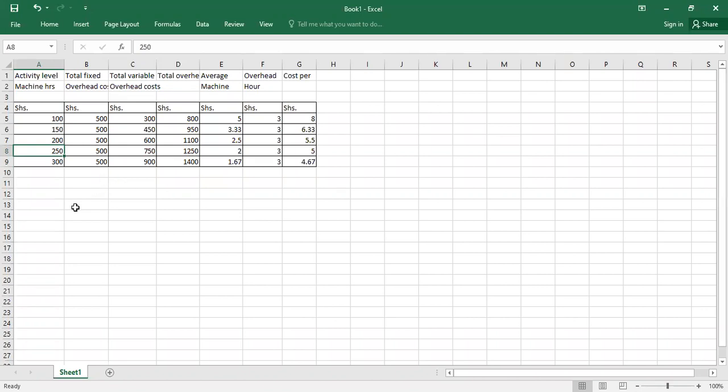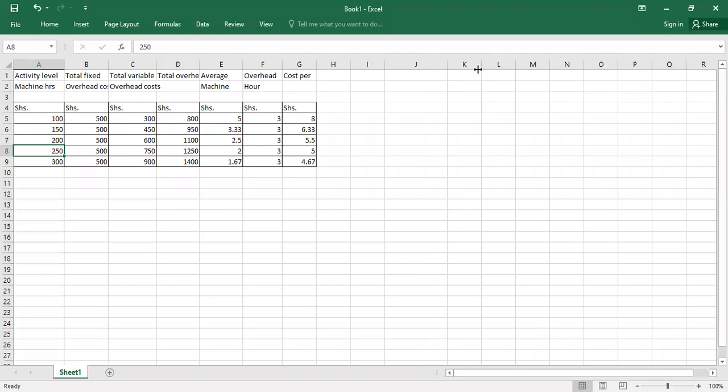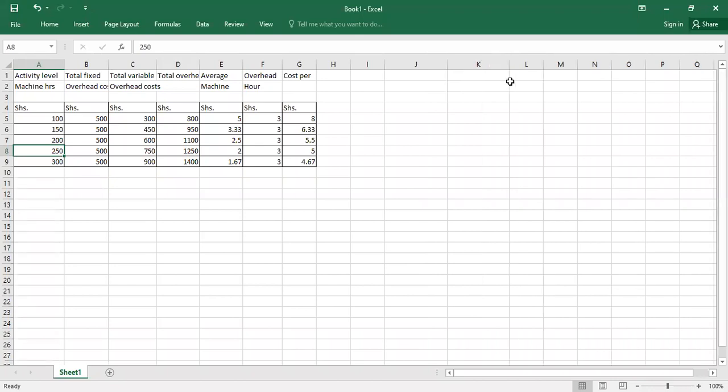So let us analyze the equation, and we do it on this side. We know that full absorption costing is full costing. So we are taking our fixed cost and I add the variable cost to get my total.